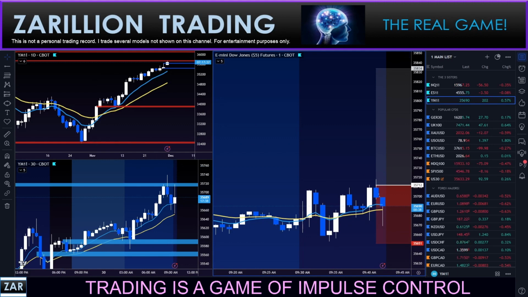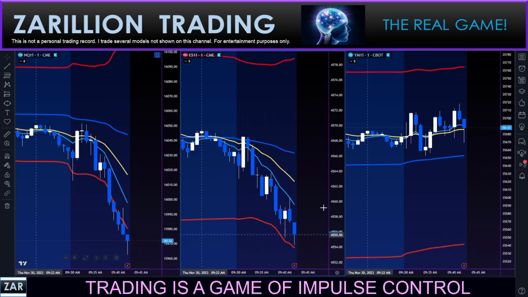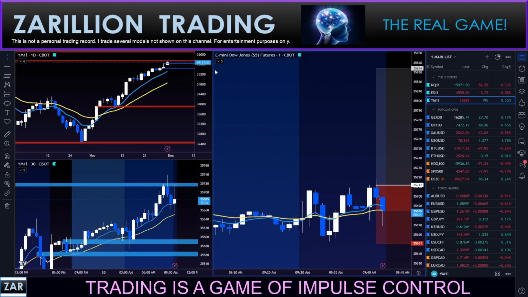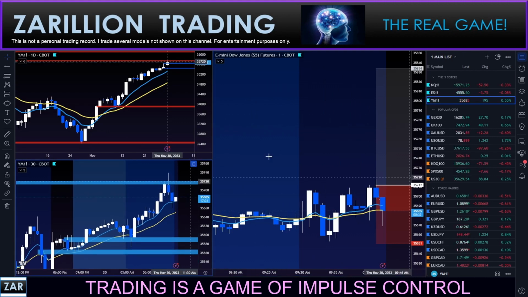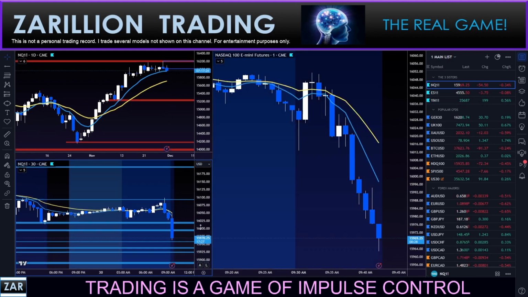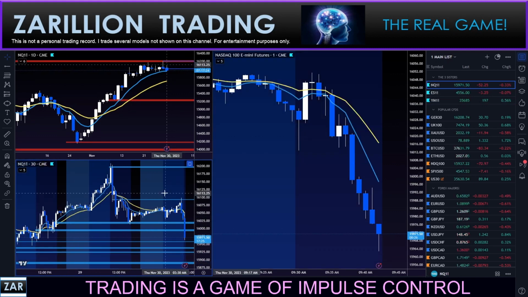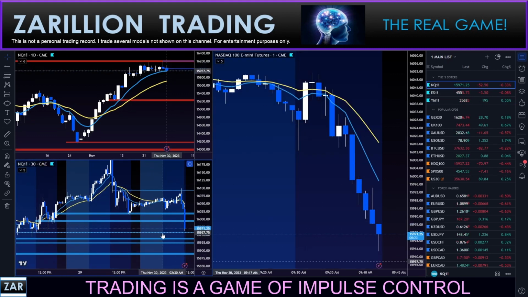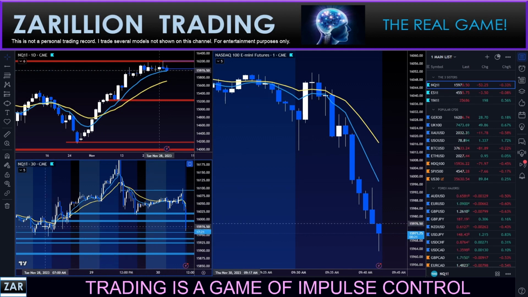Very weak on the NAS and the S&P. See that here, still dropping down. Let's take a look at the NASDAQ. Tapping another support zone here, pretty key support actually, from the crossover of Europe and North America on Tuesday.